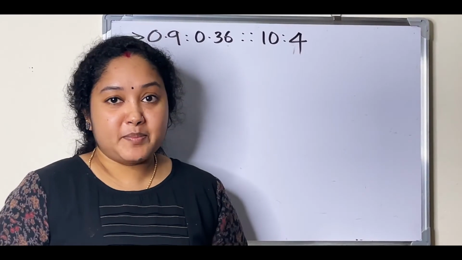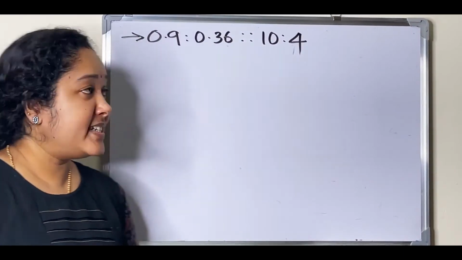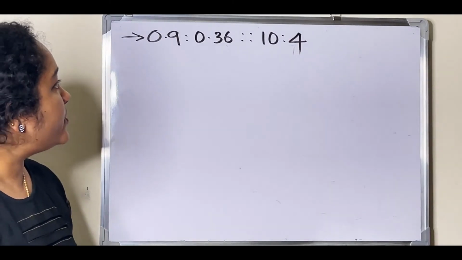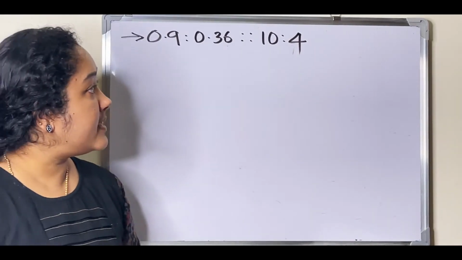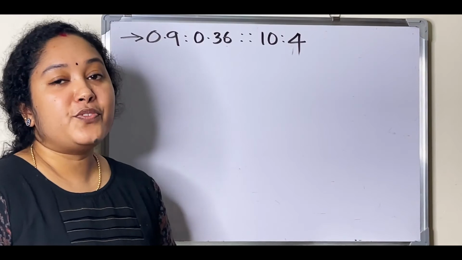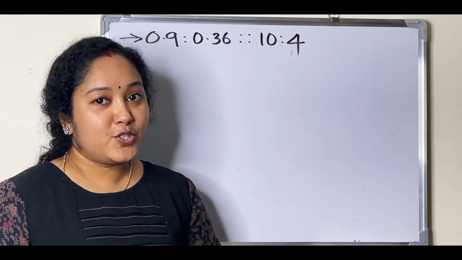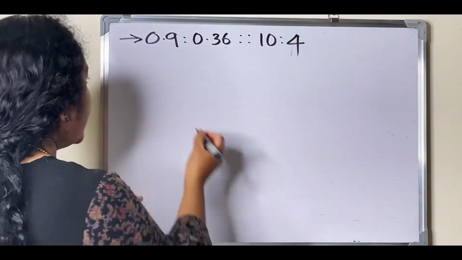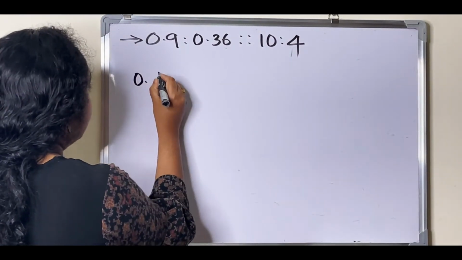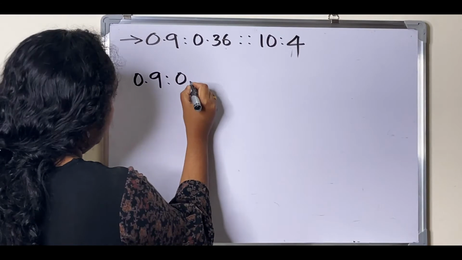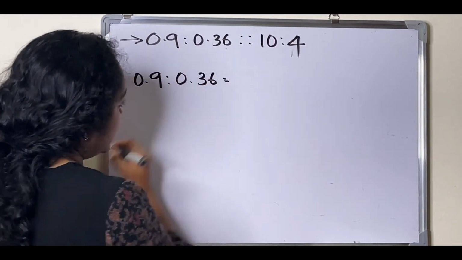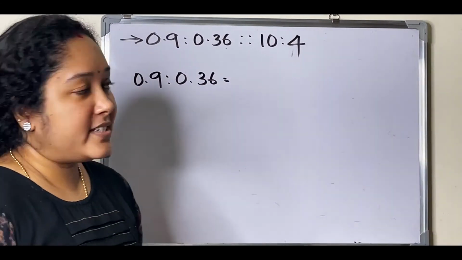Check the following statement is true or false. The question is 0.9:0.36 and 10:4. To check whether the ratios are in proportion or not, we have two methods. The first method is: write it in fractional form and find the lowest term.